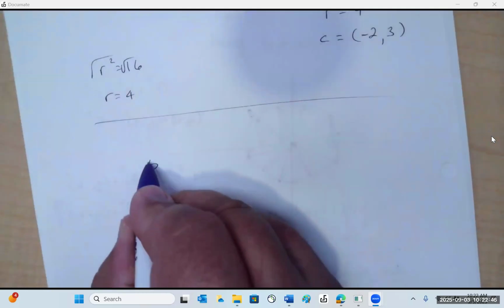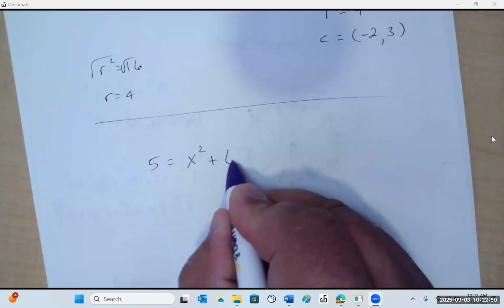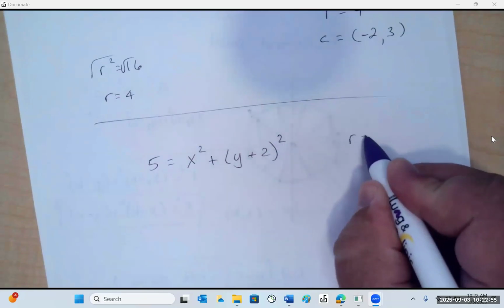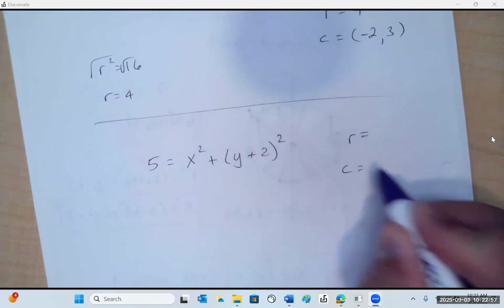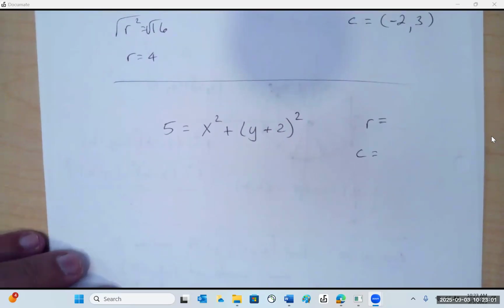How about what's my radius and what's my center of that one? Same logic.